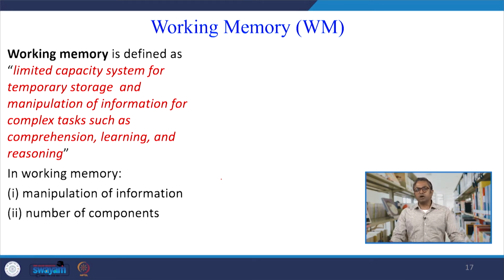Working memory is very distinct from what psychologists referred to as short-term memory. It has two characteristics. One is that we manipulate information, which was not happening in short-term memory, and secondly, the number of components.